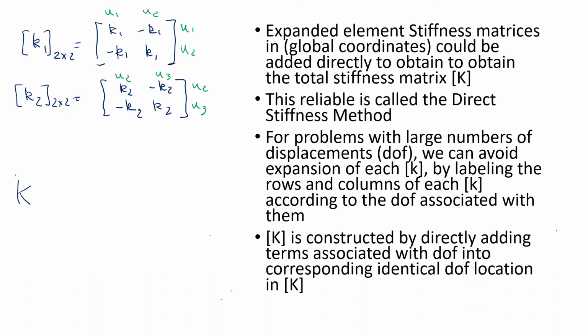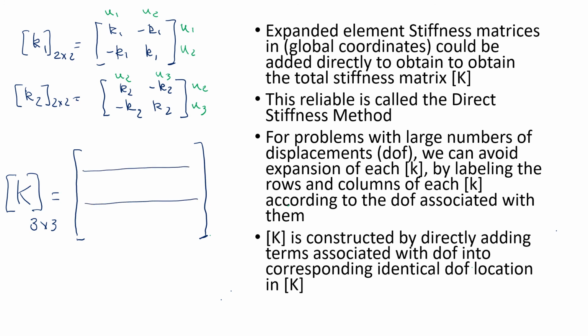I'm going to form the global stiffness matrix K, which I know is a 3 by 3. And I'm going to say this is equal to, and I'm going to open my brackets, and I know I'm going to have 3 rows and 3 columns corresponding to the degrees of freedom.